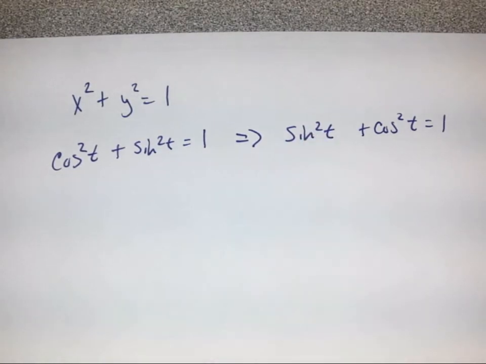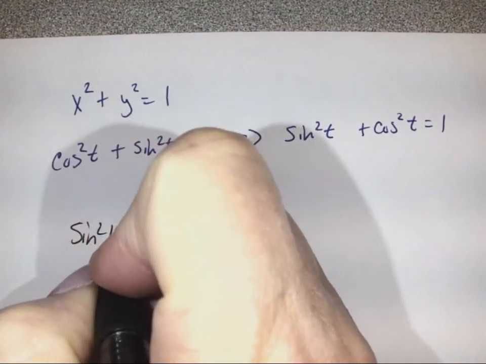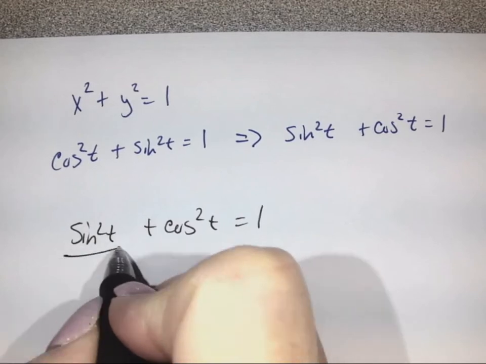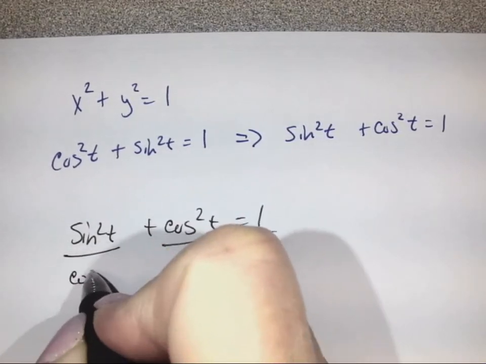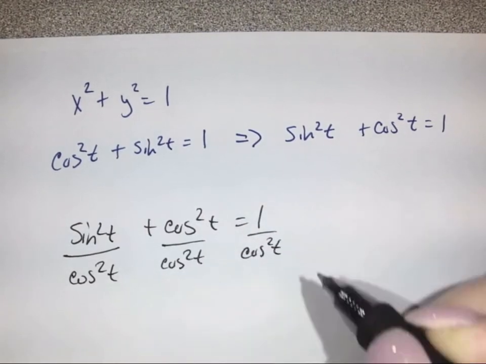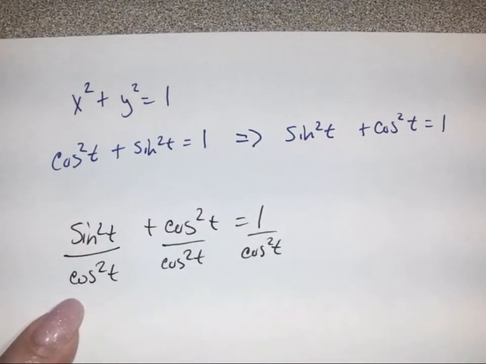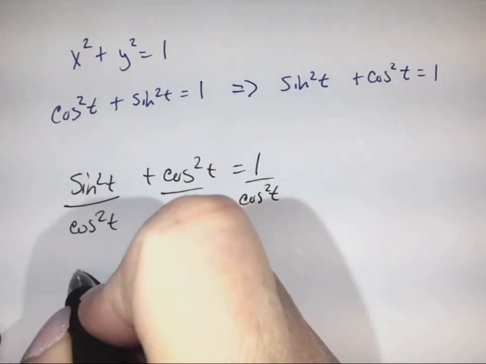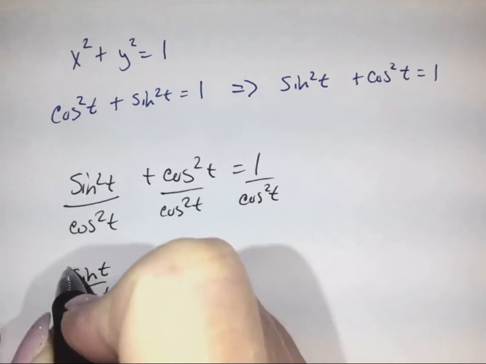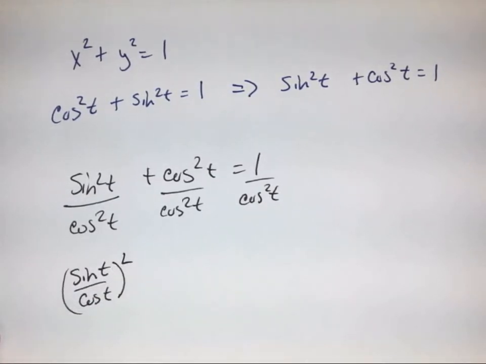Identities mean they are just true. Now, if we take sine squared t plus cosine squared t equal to 1, and we divide each of these by cosine squared t, sine squared over cosine squared we can write as sine t over cosine t quantity squared.